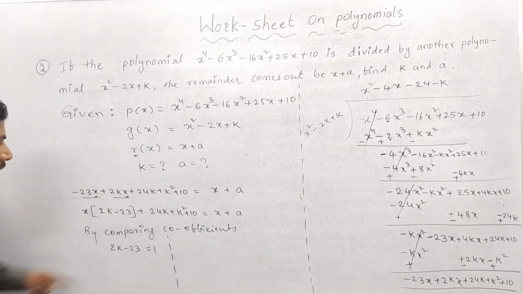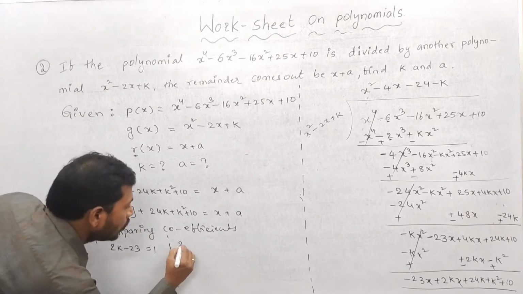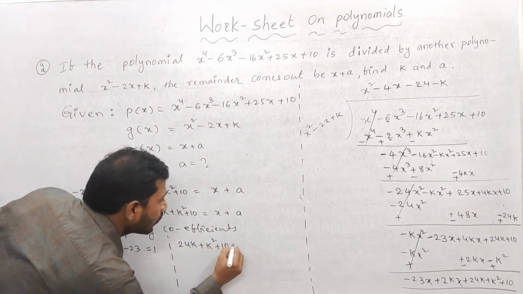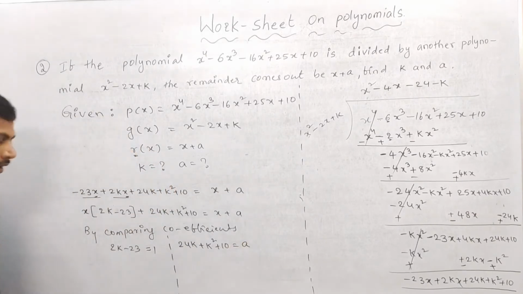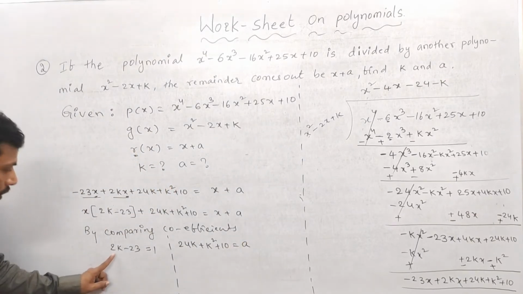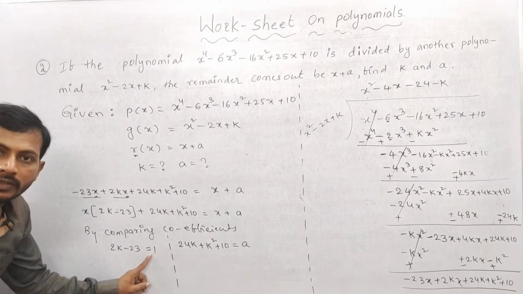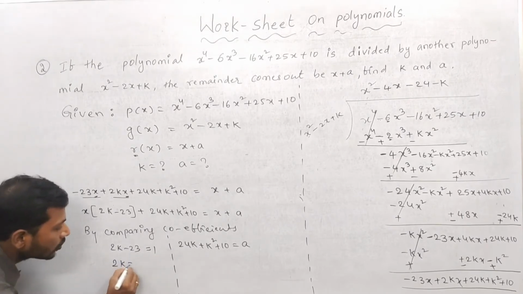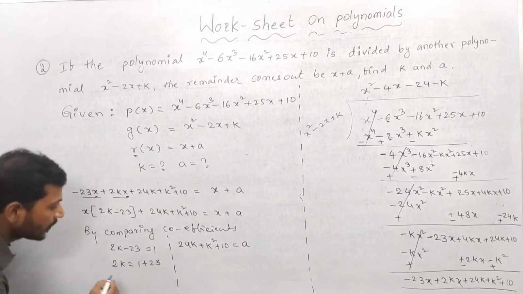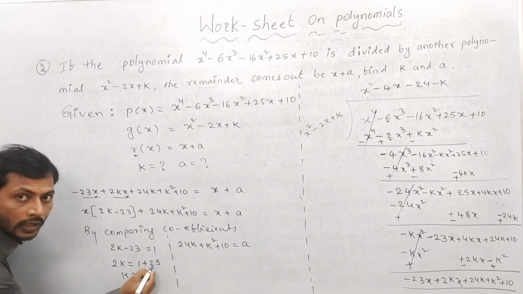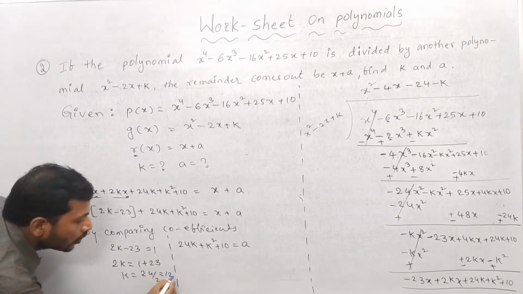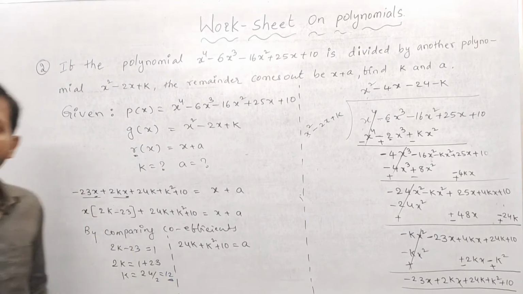Second constant term is 24k plus k square plus 10 equals to a. Then now please substitute: 2k minus 23 equals how much? 1. Minus 23 take this side. 2k equals 1 plus 23. Then k equals 23 plus 1, 24 by 2. 24 by 2 equals 12. Very good. You got the k value.